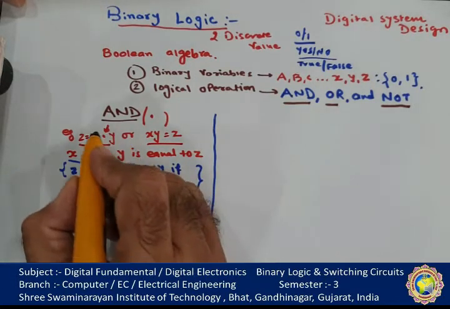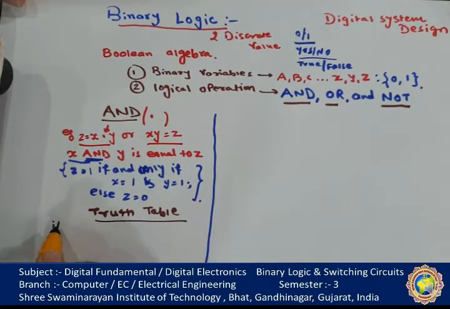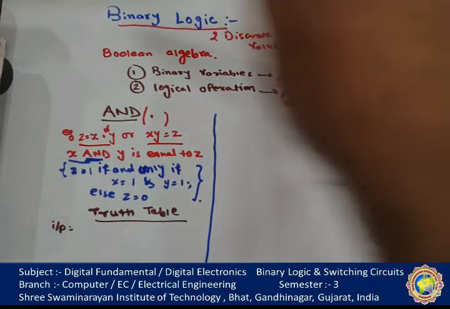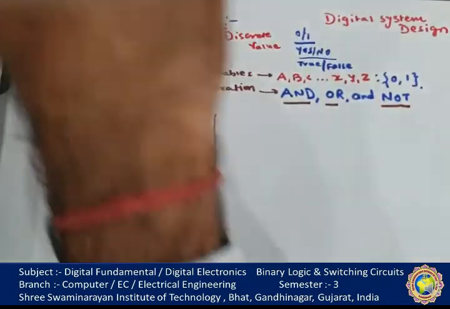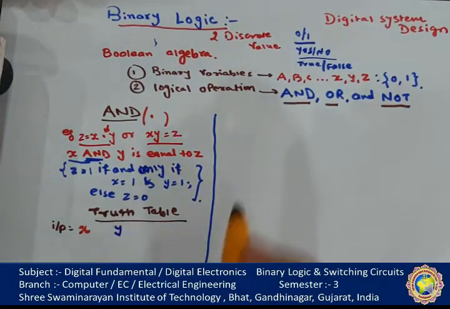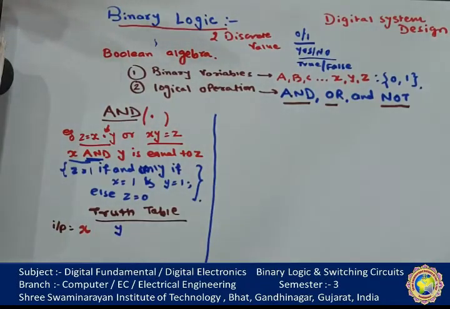So here, how many input variables? The inputs are X and Y, two inputs, and the output is Z.